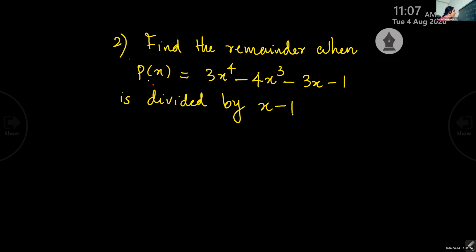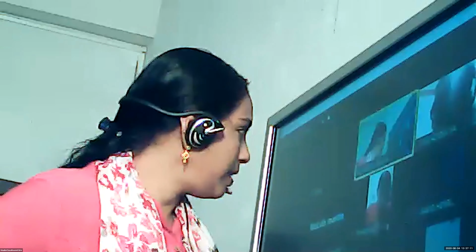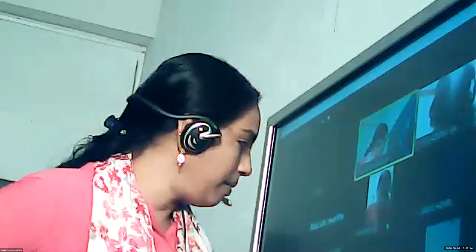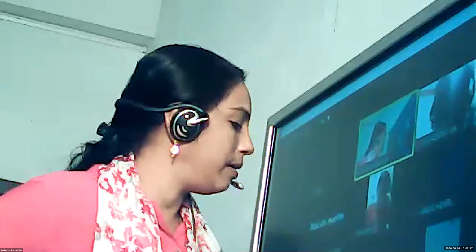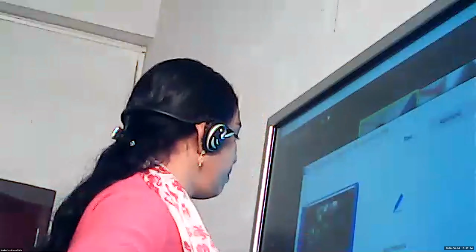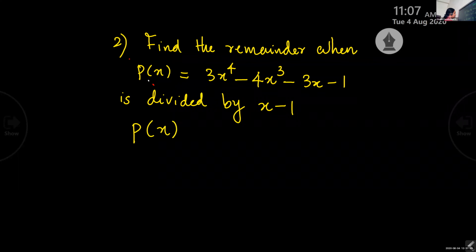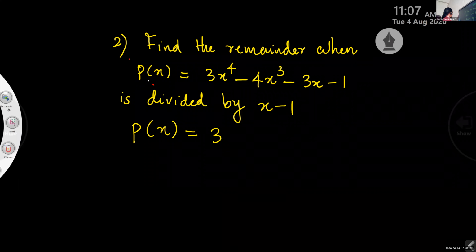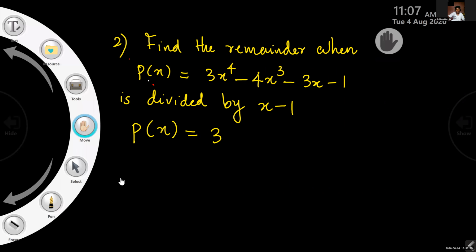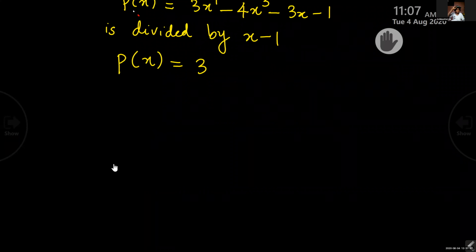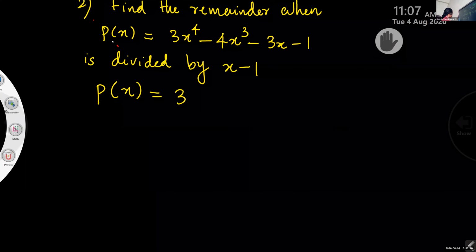Okay, children, how will you proceed? How will you do it? Tell me. x minus 1, please unmute and tell me. We will substitute x. Which value? 1. So you are substituting 1 instead of x.